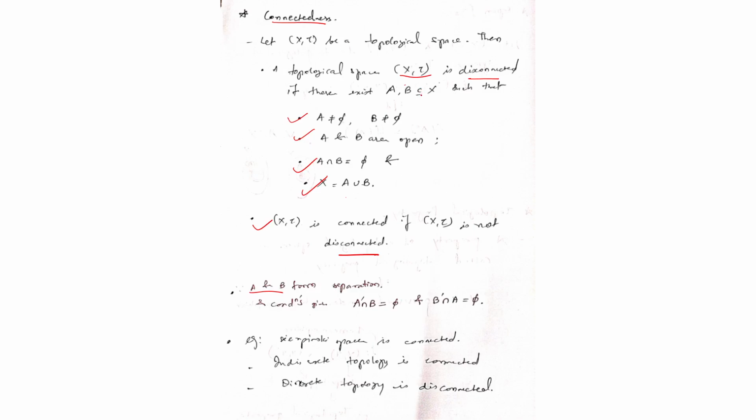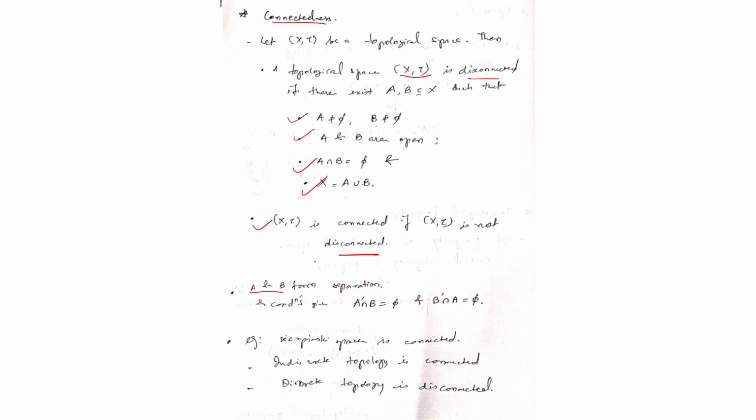Basically you need to find such subsets A and B of X. Now (X, τ) is connected if it is not disconnected.